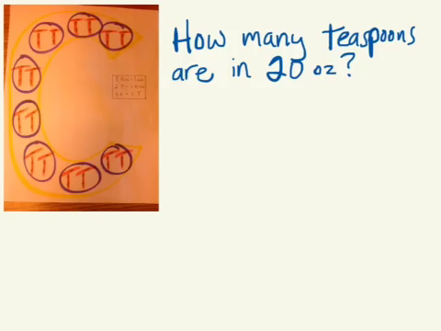And we can see that we have, if we count really, really carefully, 1, 2, 3, 4, 5, 6 little teaspoons in that 1 ounce. So our fast fact, 6 teaspoons equals 1 ounce.